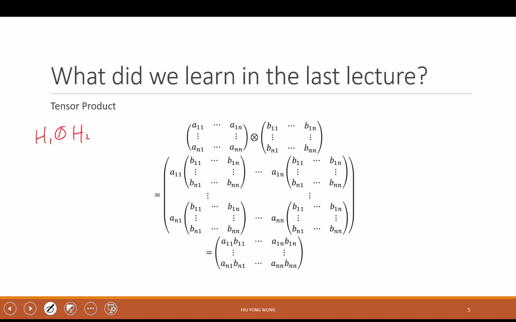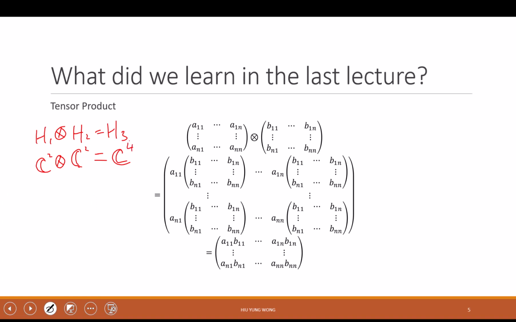If you combine them together, it is called the tensor product, which will give you Hilbert space 3. So this can be a 1 qubit. We call it C squared because it's a two-dimensional complex space. If you do the tensor product of them, you get a 4-dimensional complex space, C to the power 4.